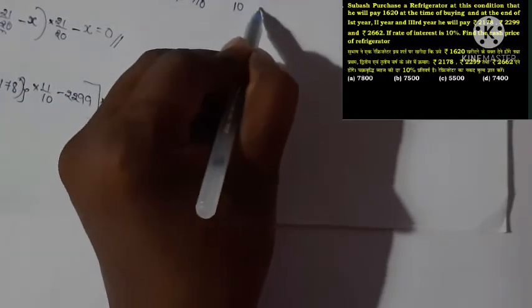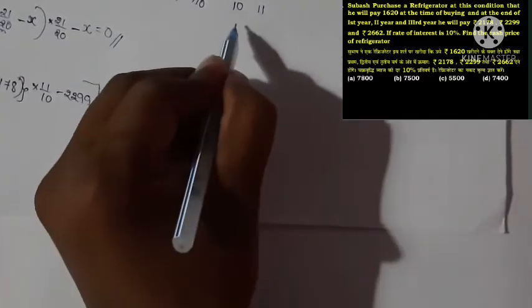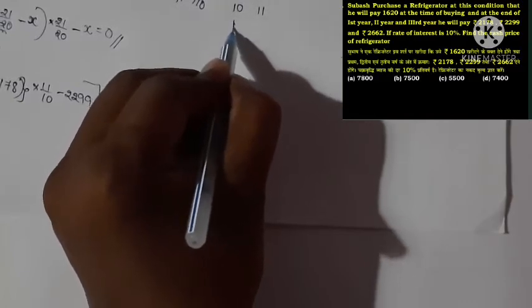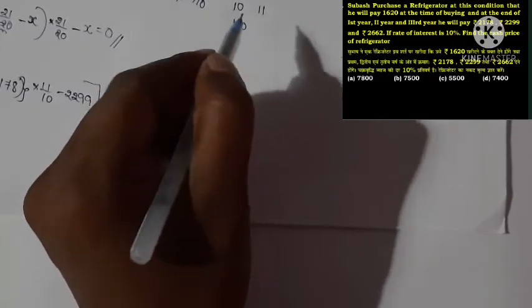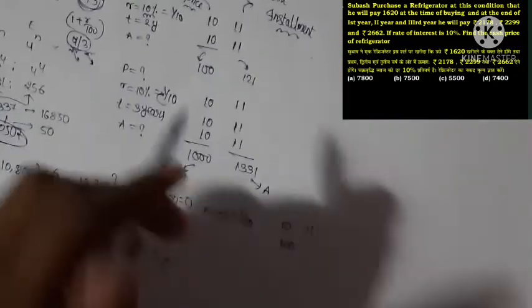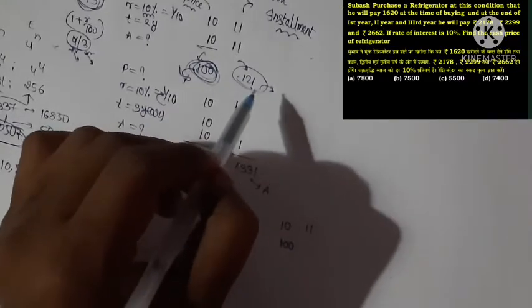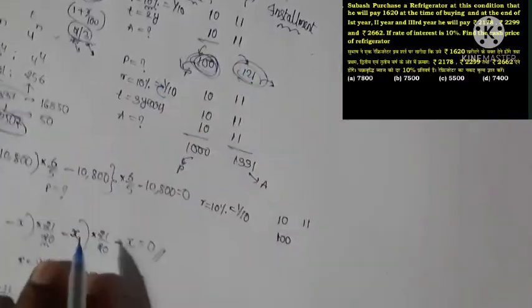So first year the price is 10, increased by 10%, 11. Second year 100. So second year the price, the principal is 100 and the amount is 121.